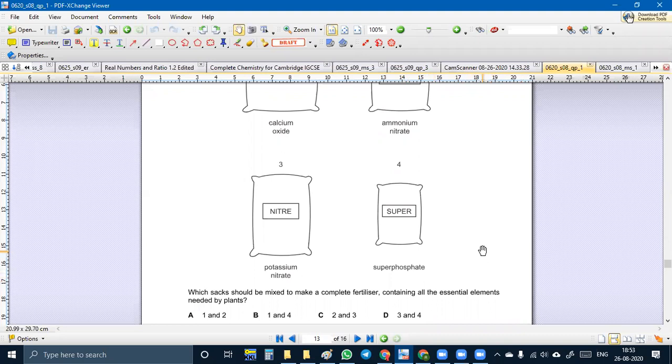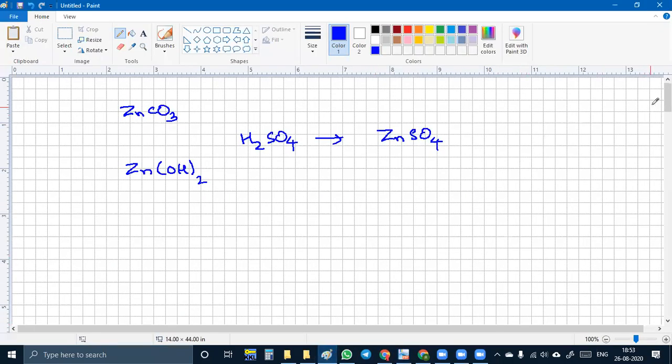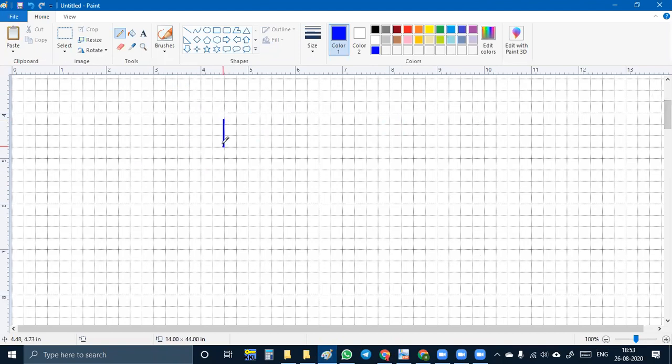I have not done it. You have been doing it since 7th class or 8th class. The three main fertilizer elements are NPK. What is NPK? N is nitrogen, and P is not potassium, P is phosphorus.